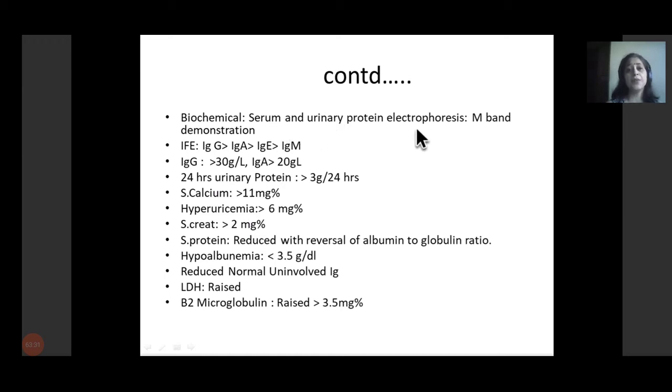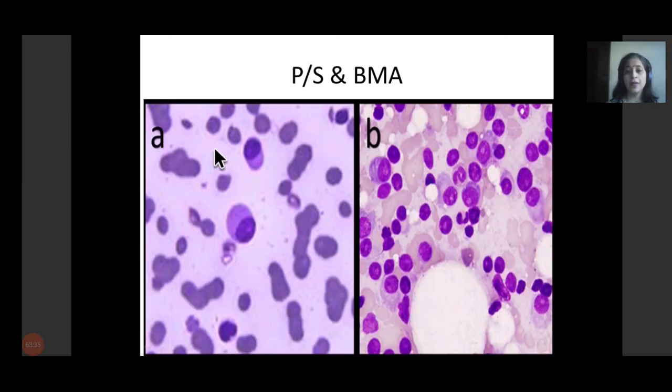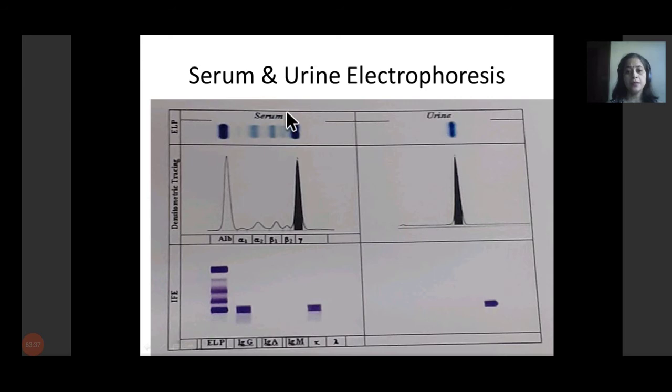So we do the serum and urinary protein electrophoresis, where we establish the M band, and the M band looks like this. Here the blood is applied, and the migration of the protein happens. This is the graphical presentation of the protein. The first protein to migrate, as per the molecular charge and weight, is albumin.